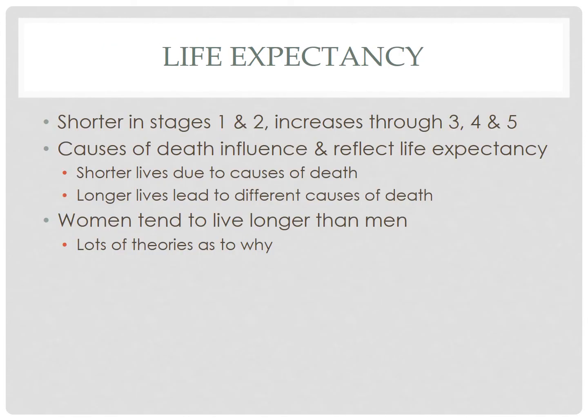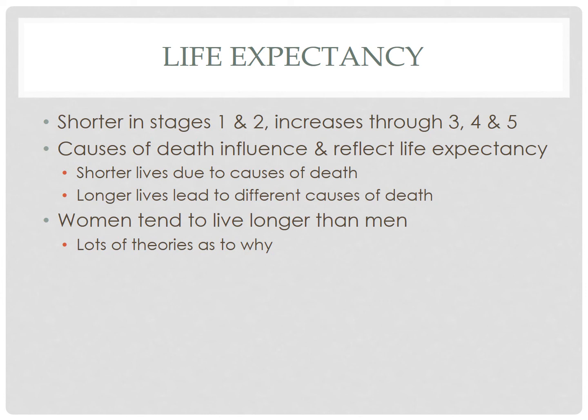Now, one thing that we need to mention with regards to the epidemiological transition model and distinct causes of death is life expectancy. All right, because death and life expectancy are very much connected. Life expectancy is generally shorter during stages 1 and 2 of the demographic and epidemiological transition model.